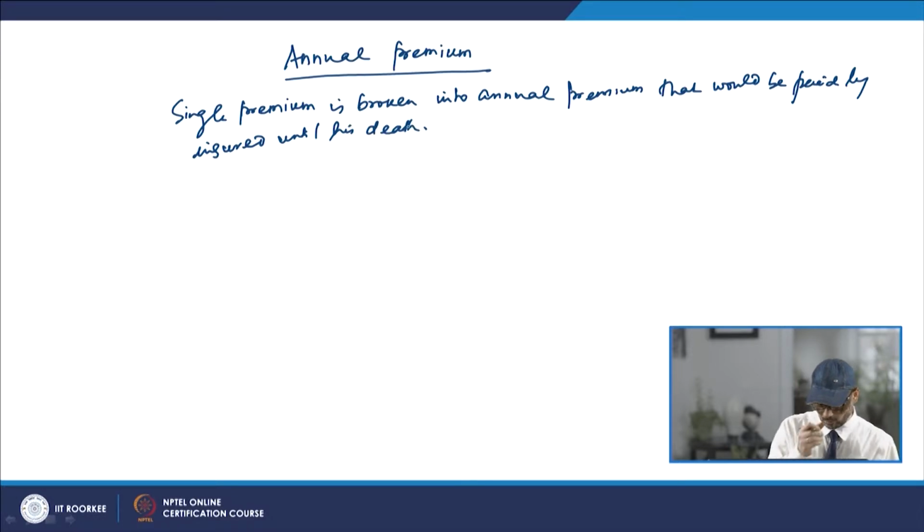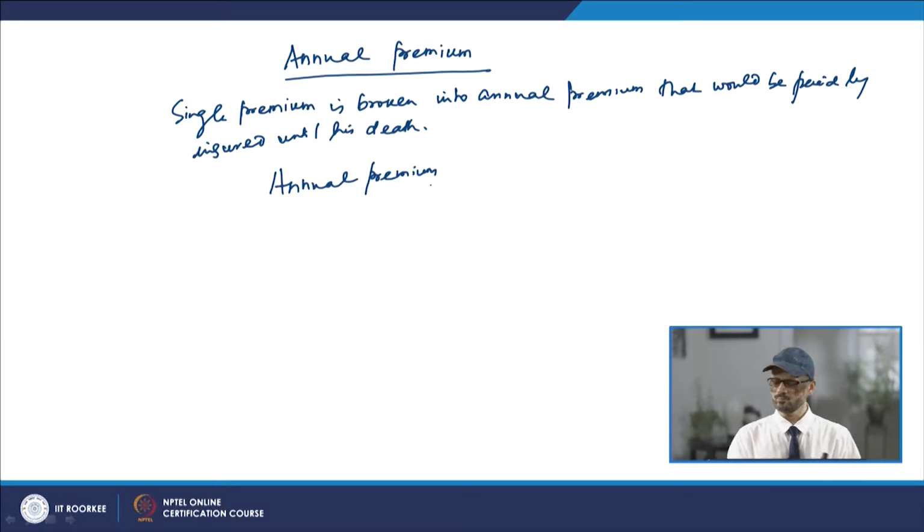So it is something like the case of the whole life annuity due. In this case you have to find these annual premiums. The annual premium which you will be calculating for the whole life insurance is Px.